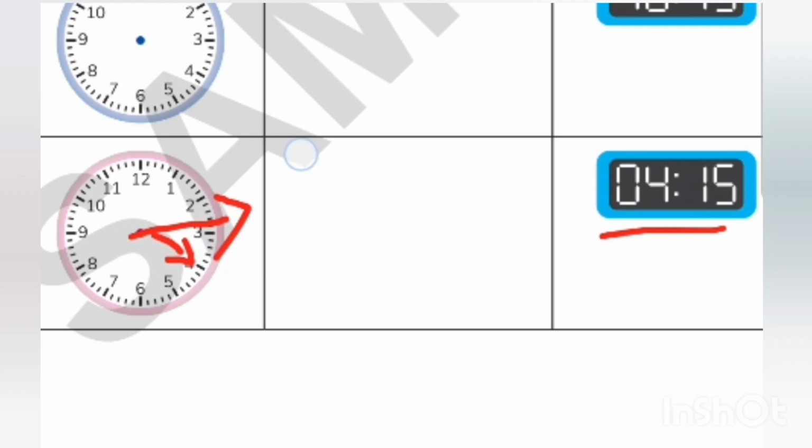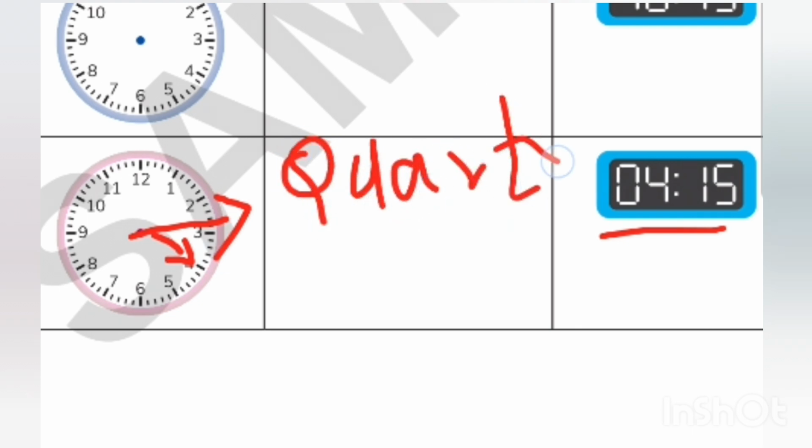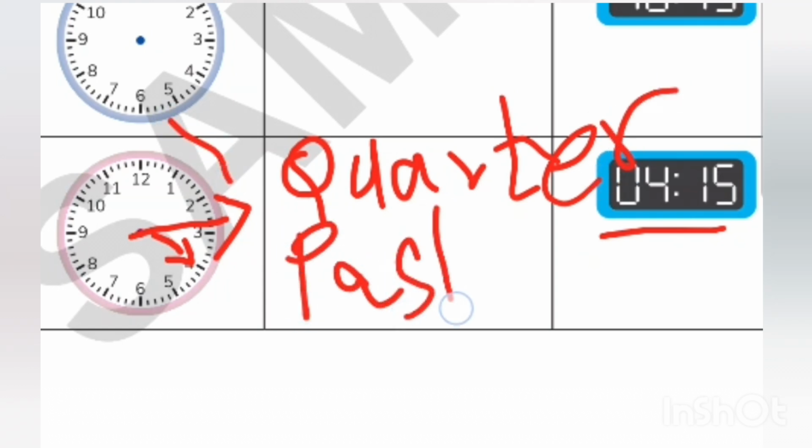Okay, and we will write in words quarter past, because 15 minutes has gone. Quarter past 4. Okay, now the answer of this one is quarter past 4. You can see the spelling of quarter. If you cannot see it clearly here, you can just see it from the previous page.